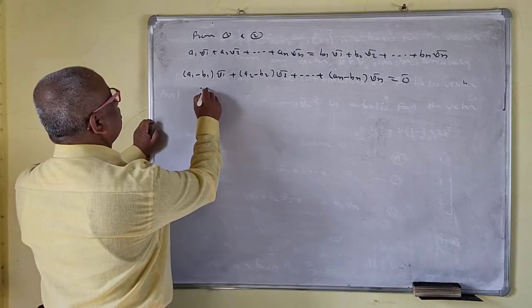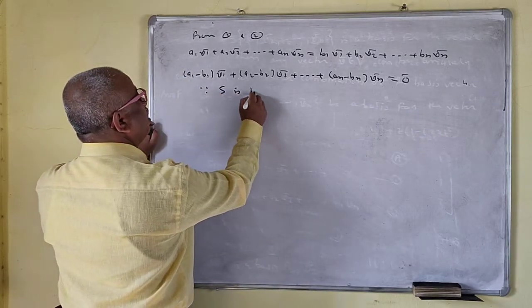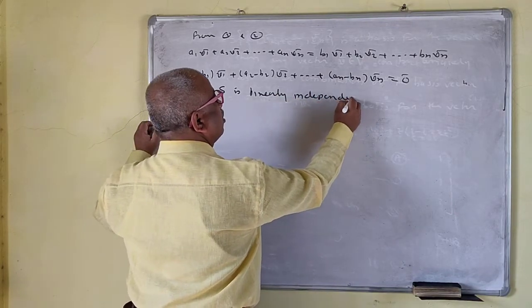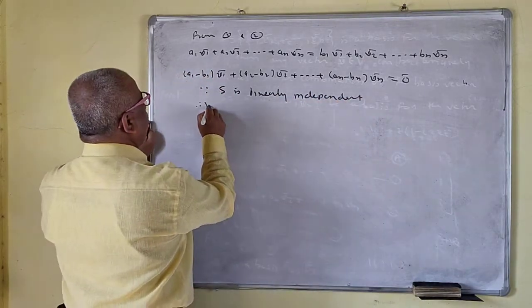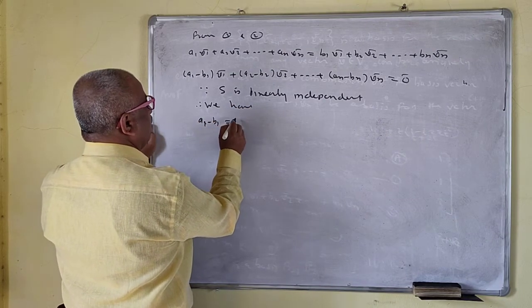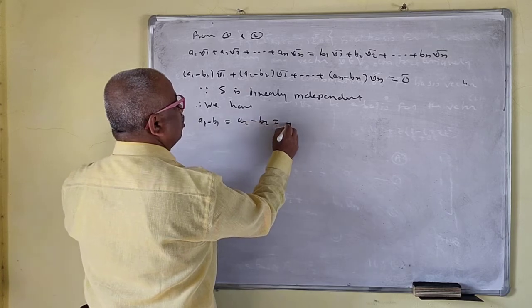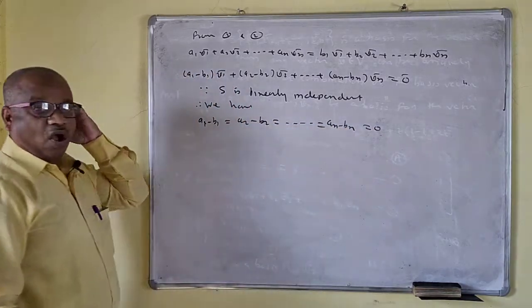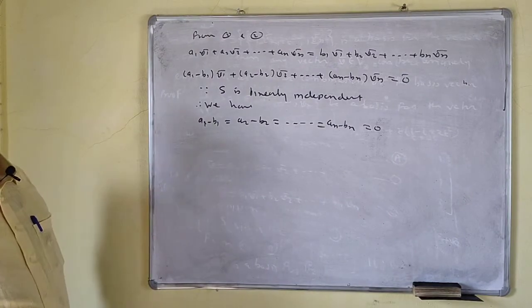Since S is linearly independent, we have A1 minus B1 equals A2 minus B2 equals ... equals An minus Bn equals 0. All the scalars are 0 because S is linearly independent.